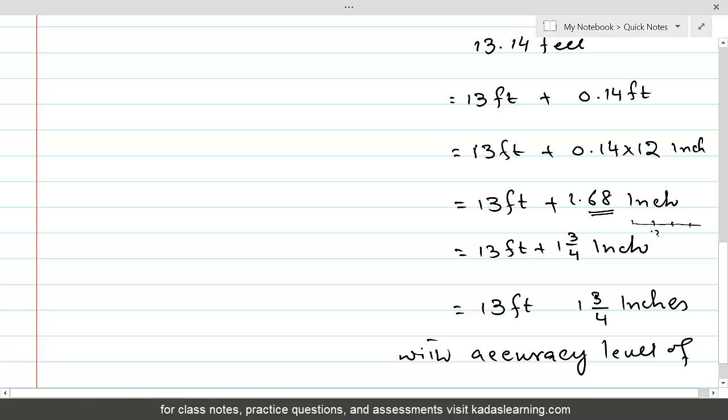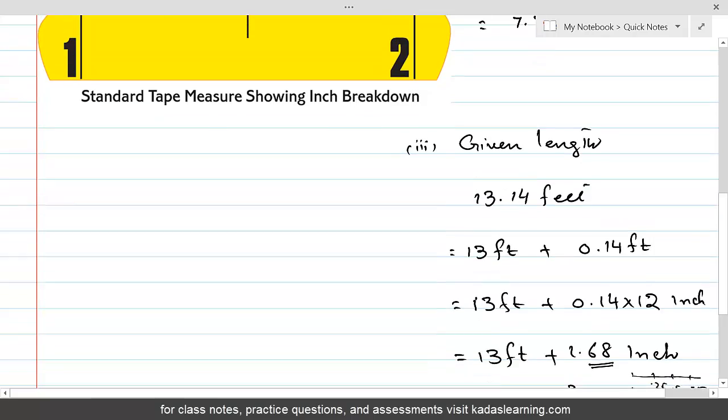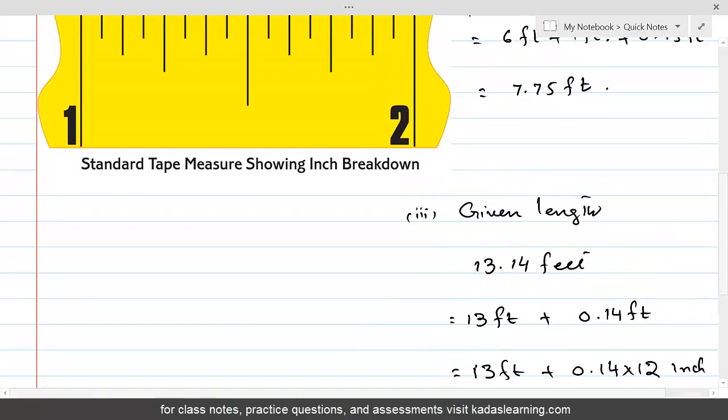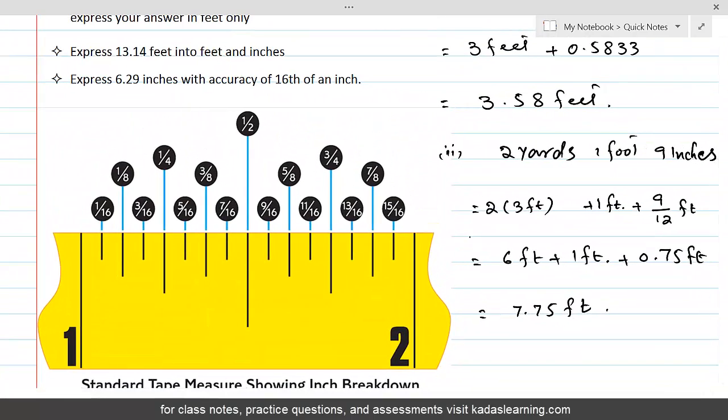These are 0.25, 0.5, and 0.75. So we have to take a look at the number in the fractional part. Where is it closer? If it is closer to 0.25, we'll say 1/4 of an inch. If it is closer to 0.5, we'll say it's 2/4 of an inch. If it is closer to 0.75, we'll say 3/4 of an inch.